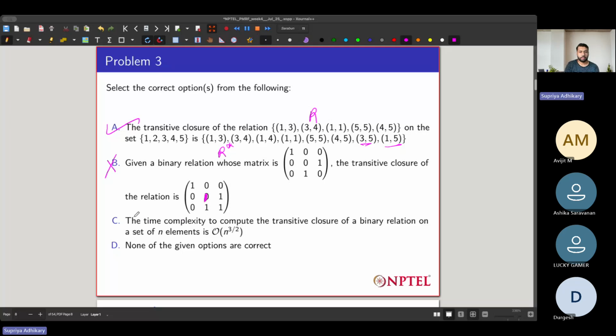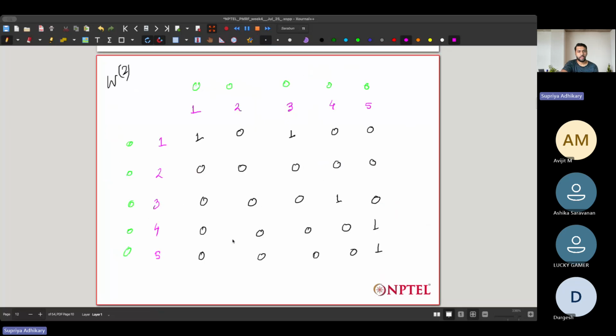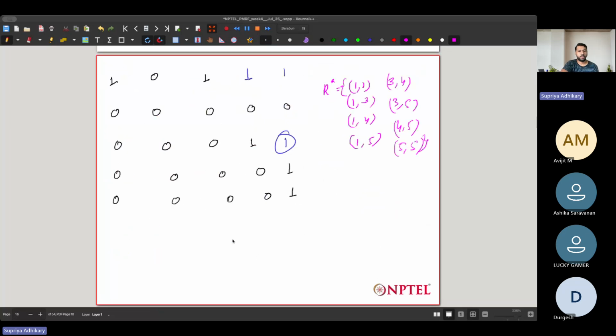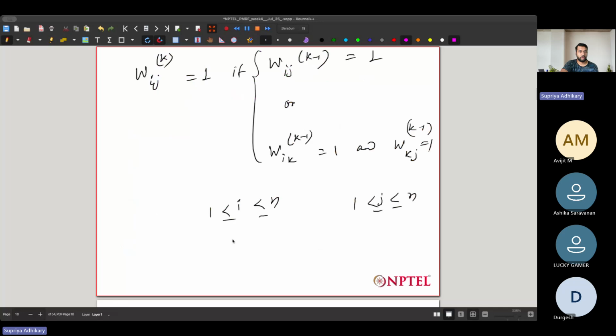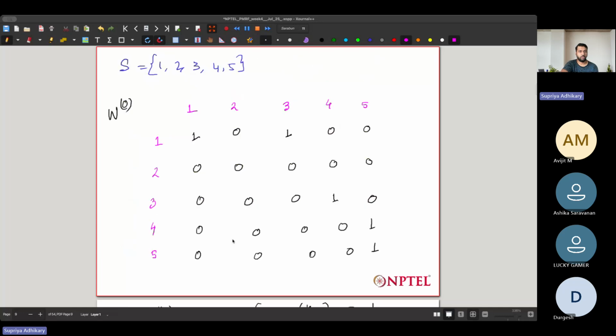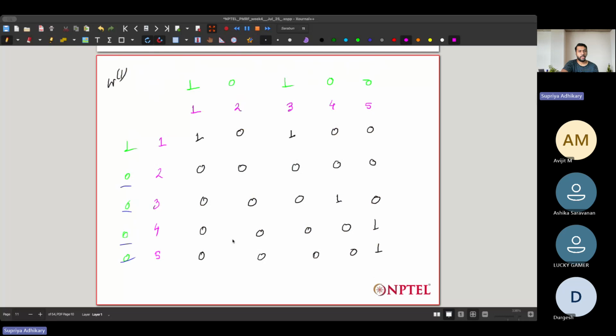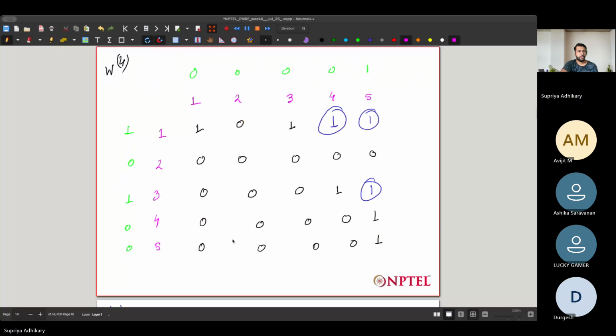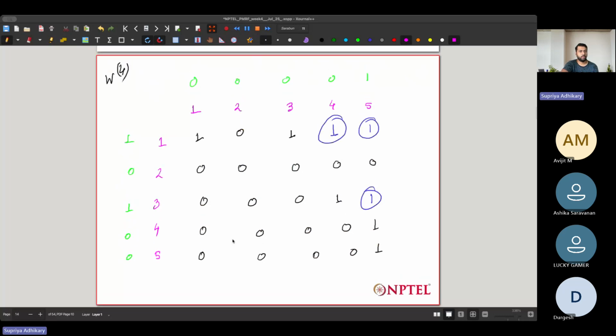Okay. The time complexity for transitive closure operation is order n to the 3 over 2, but this is not true, because as you can see, in order to compute this transitive closure, we need n many steps. So W1, W2, W3, there are a total of n many steps.